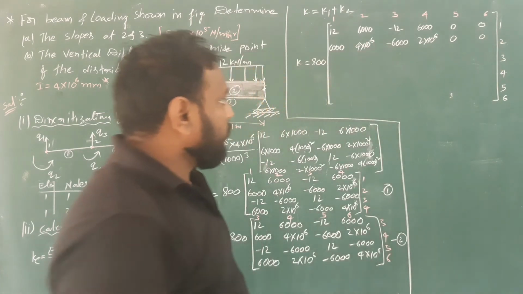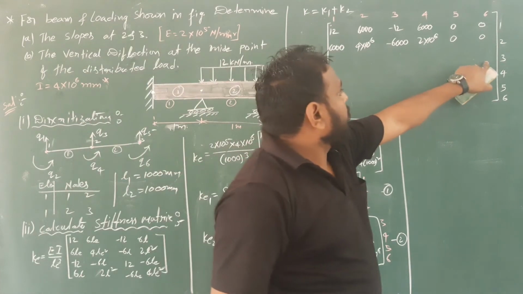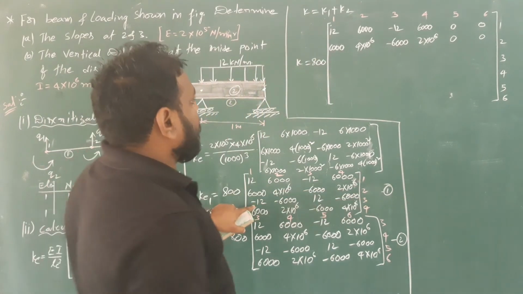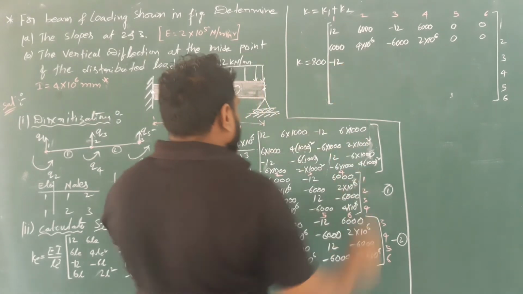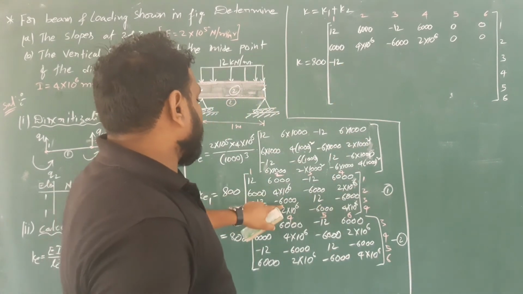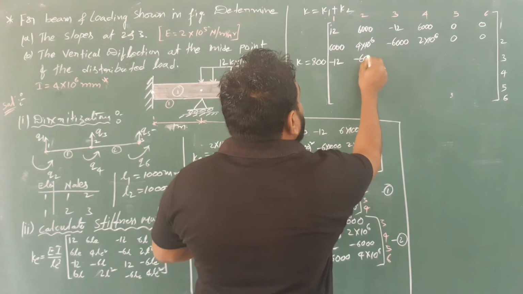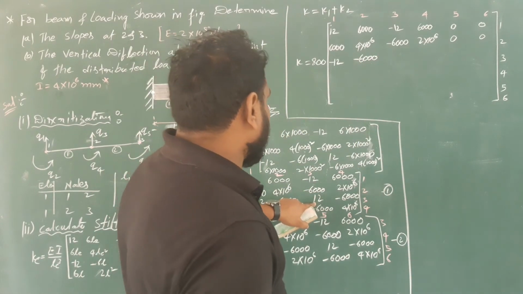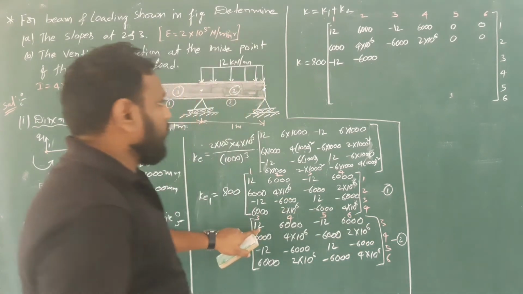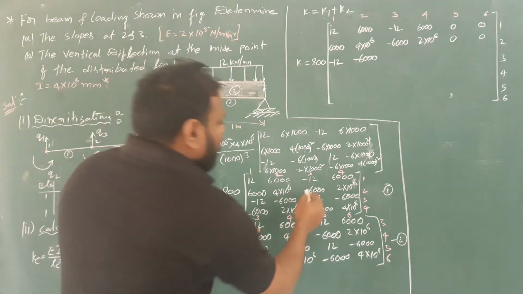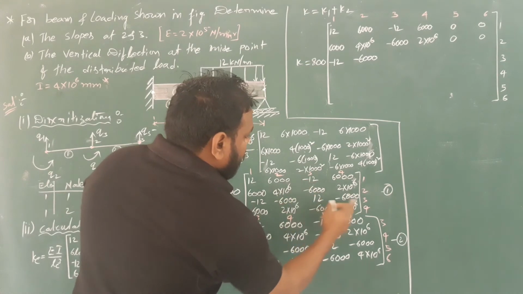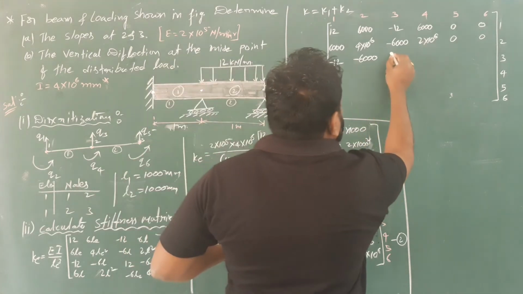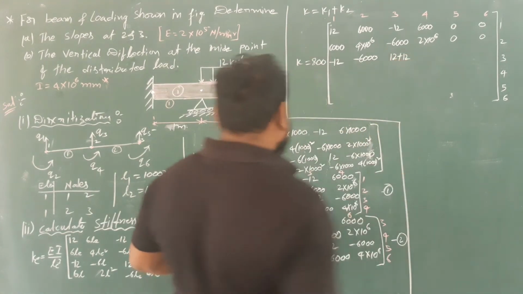Okay. Next, third row, first column, third row, first column here is 12. Okay. Third row, second column minus 6,000. Okay. Next, third row, third column here is 12, and here is also 12. That is 12 plus 12. Okay.